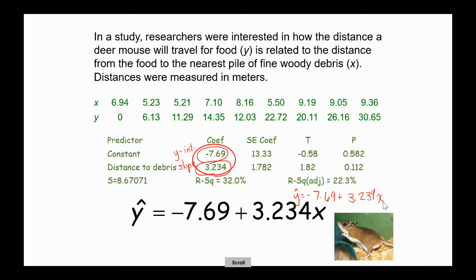That's our regression line. The regression line is y hat. Is that always what it's going to be? Yeah.